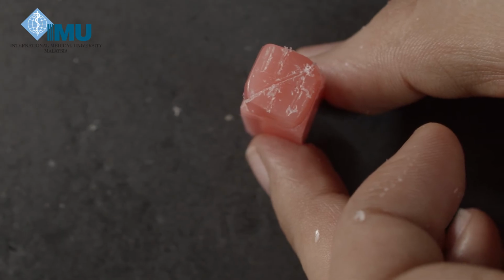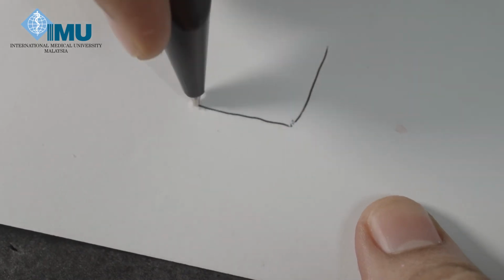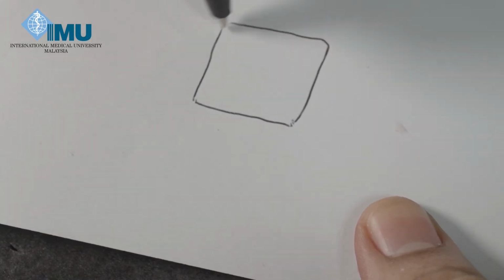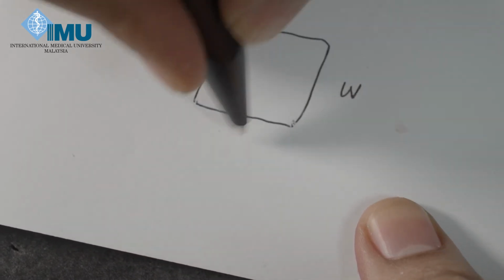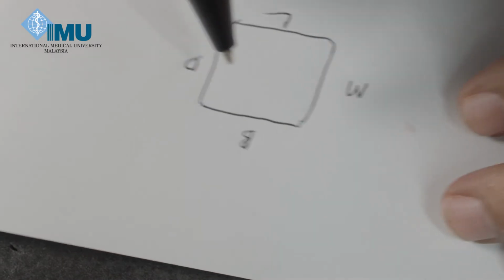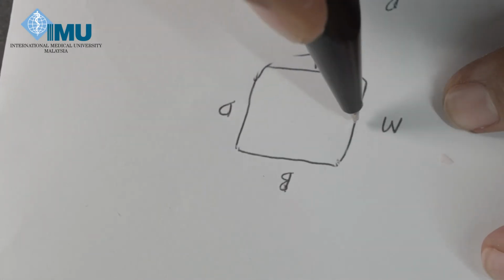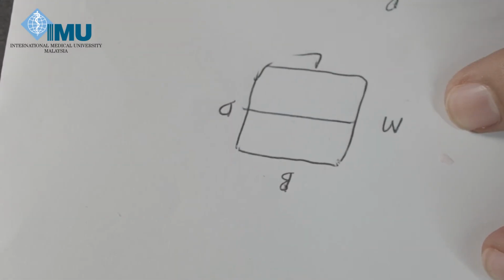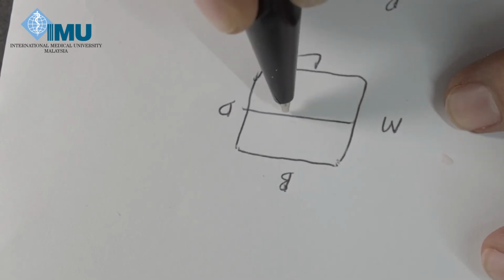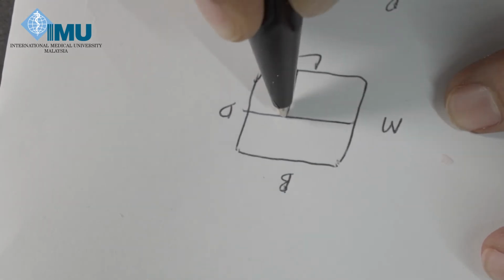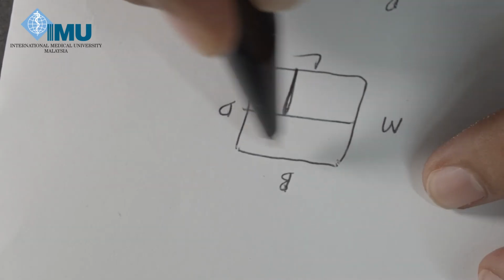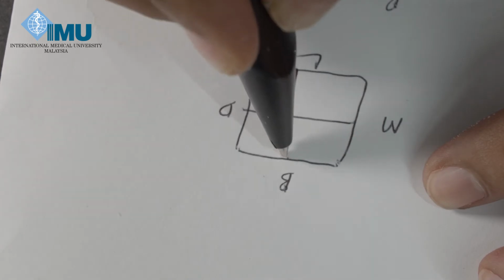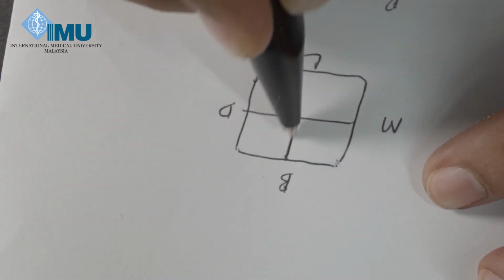Let me show it on paper. Mesial, distal, lingual and buccal. So first what we did is we drew the midline. I want the mesiolingual to be the biggest, so I take 3/4 distance. I draw one more line. Then I take mesiobuccal, and this one is somewhere close to center or slightly more.